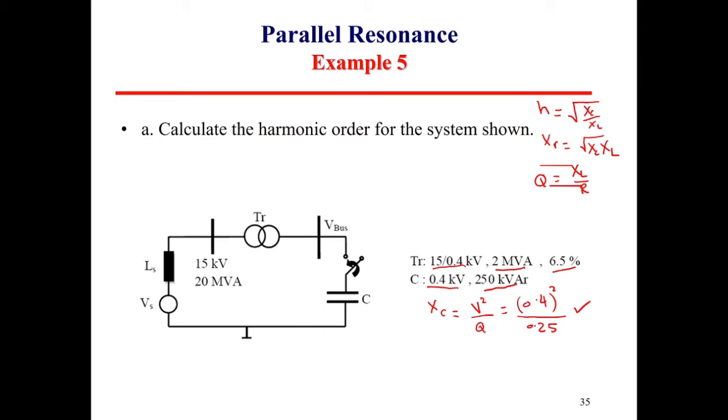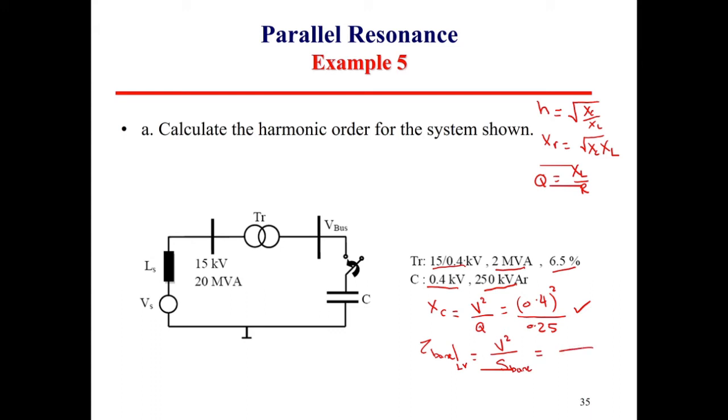Okay, for XL, of course, we have the transformer. We have the transformer impedance, which is given as 6.5%. We need to find it in ohms, so we need to find Z base on the low voltage side. So Z base will be equal to V squared divided by S base.